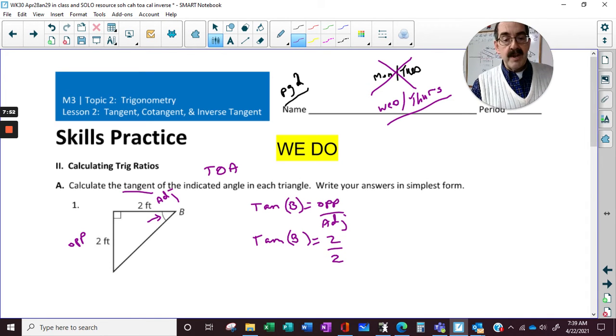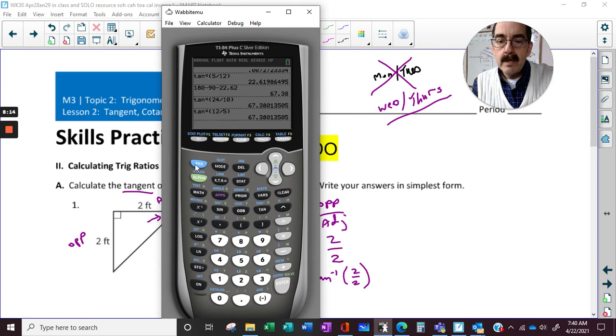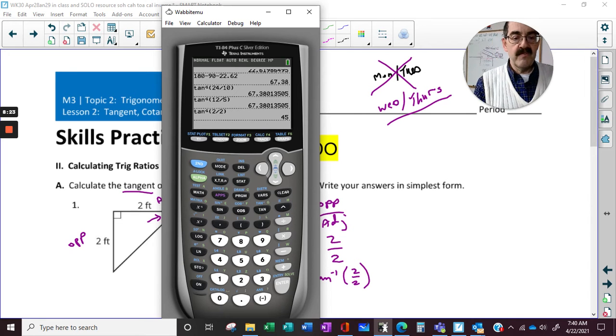Now we have that new operation on our calculator. Angle B is equal to the inverse tangent, the arc tangent, the undo tangent. Grab your calculator. Second tan, that's the -1. 2 divided by 2. Boom, 45 degrees.